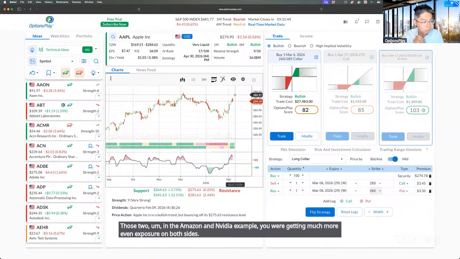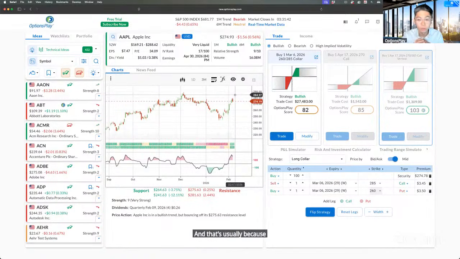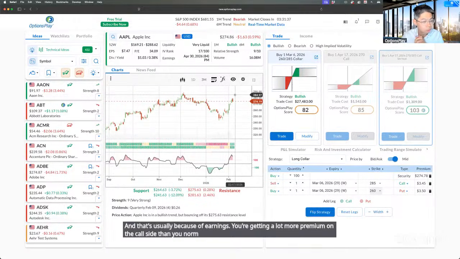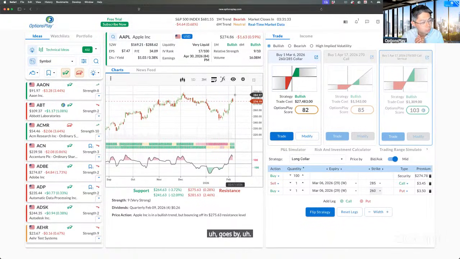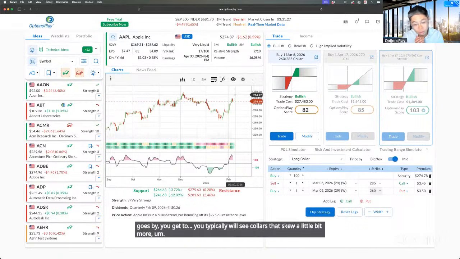And that's usually because of earnings. You're getting a lot more premium on the call side than you normally would. Once that earnings goes by, you typically will see collars that skew a little bit more against you, if you will, right?